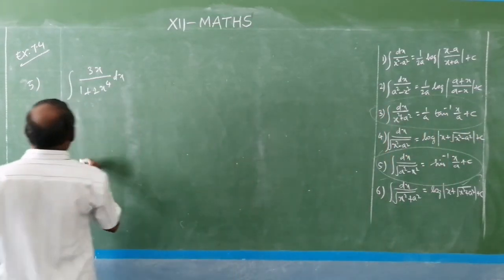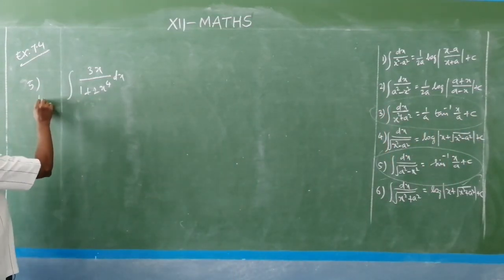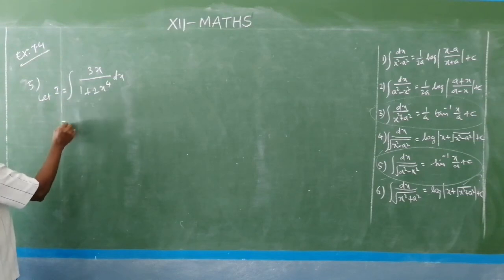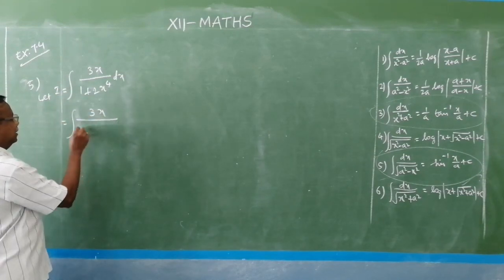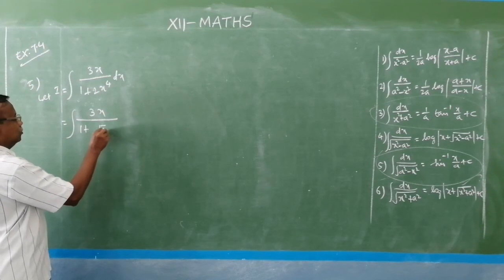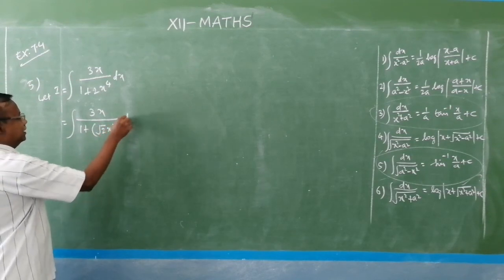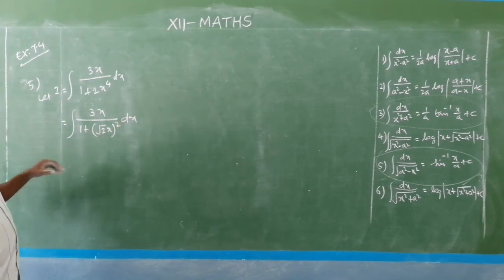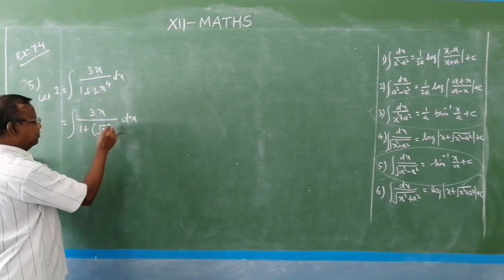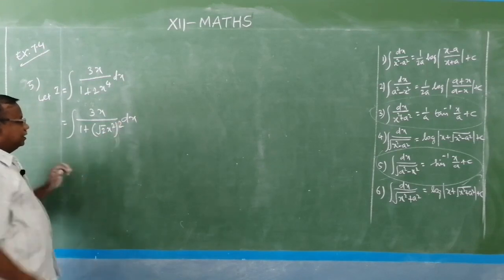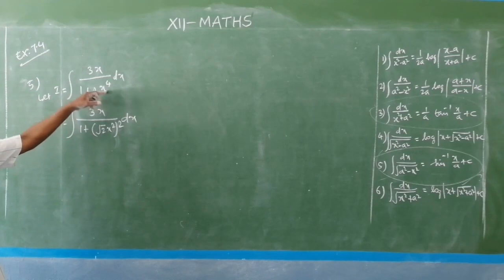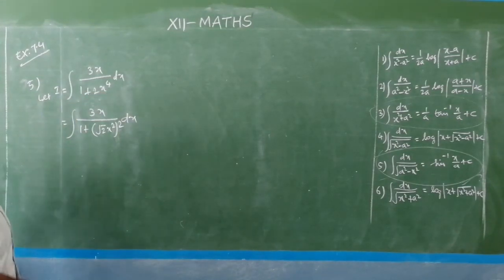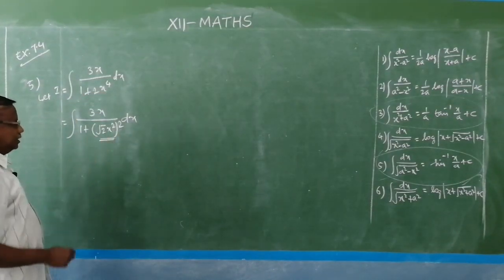See, let I equal to this, which is integral 3x divided by 1 plus (root 2 x square) whole square into dx. We can write this as (root 2 x square) whole square, which is nothing but 2 x power 4, and we can substitute for this function.